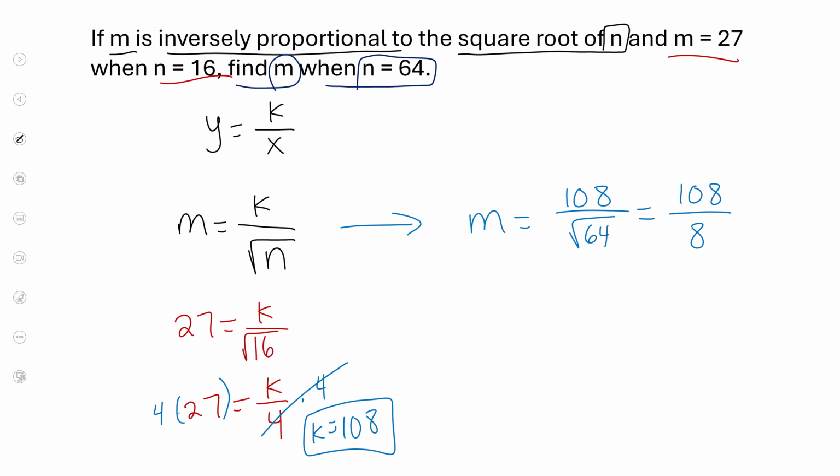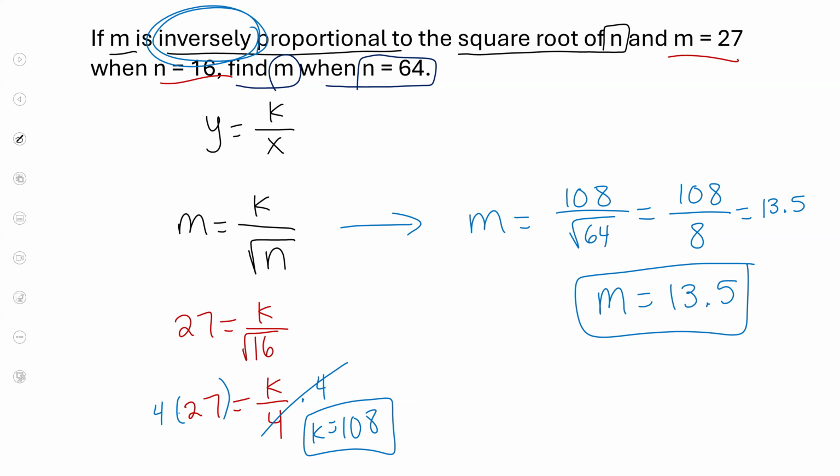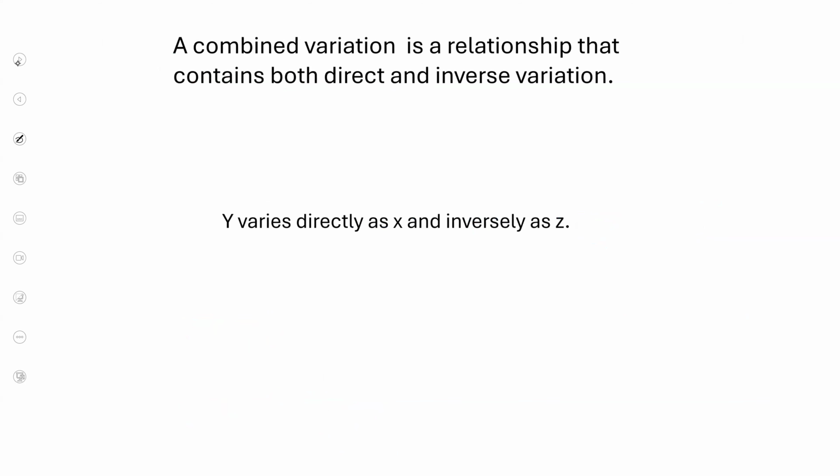And 108 divided by 8 is 13.5. So m is equal to 13.5. This was an inversely proportional problem.